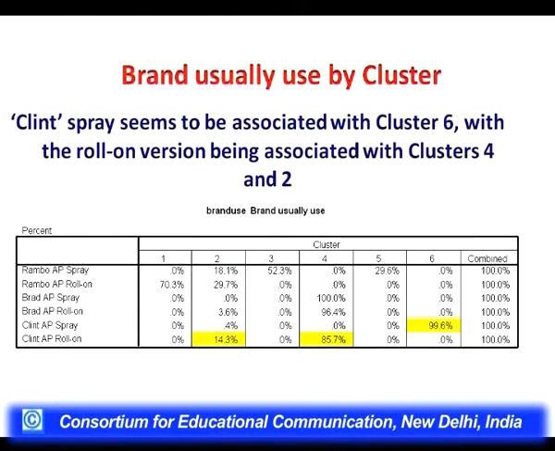C brand, C spray seems to be associated with cluster 6, with the roll-on version being associated with clusters 4 and 2, and this is mentioned in the cluster. Now, look at the result, brand use and brand usually used: percentages and the clusters are given, 1, 2, 3, 4, 5, 6, and these are clusters, combined is 100%.